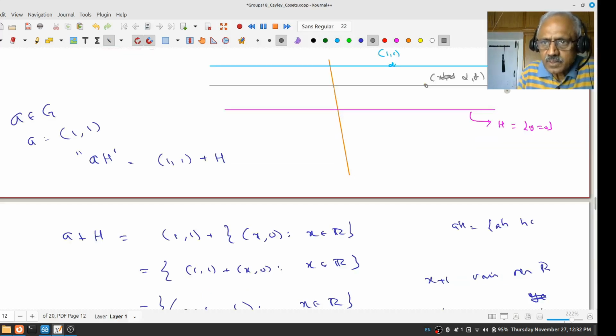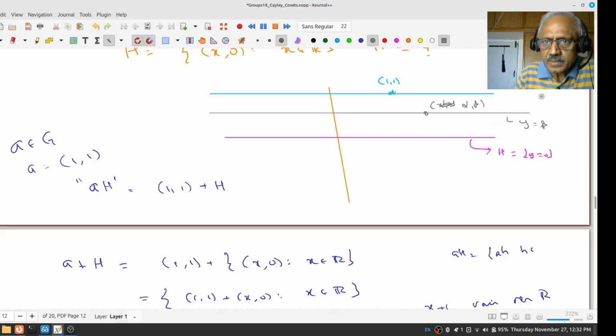So, this is the y equal to beta line. This was the y equal to 1 line.